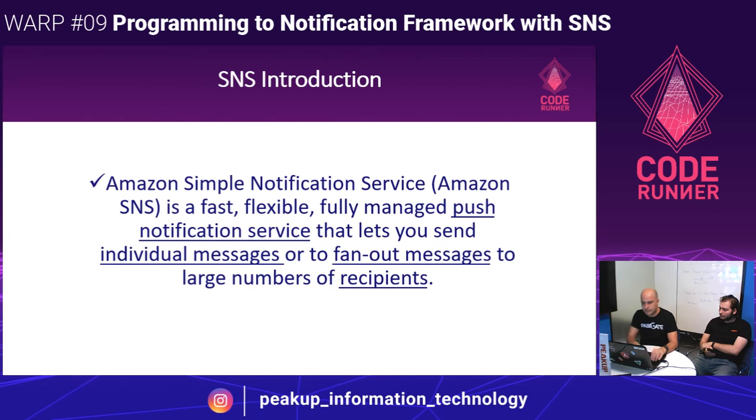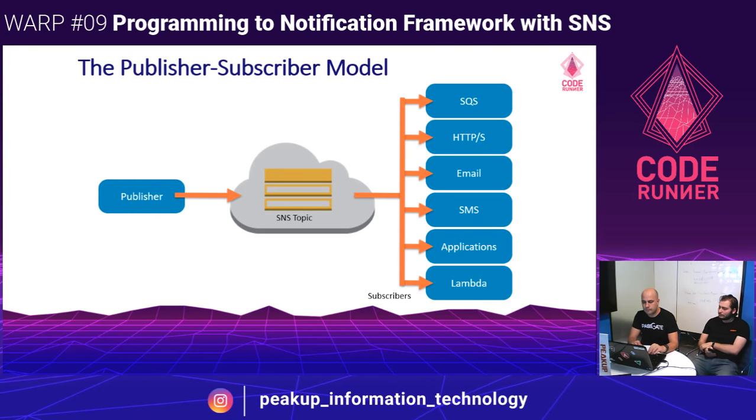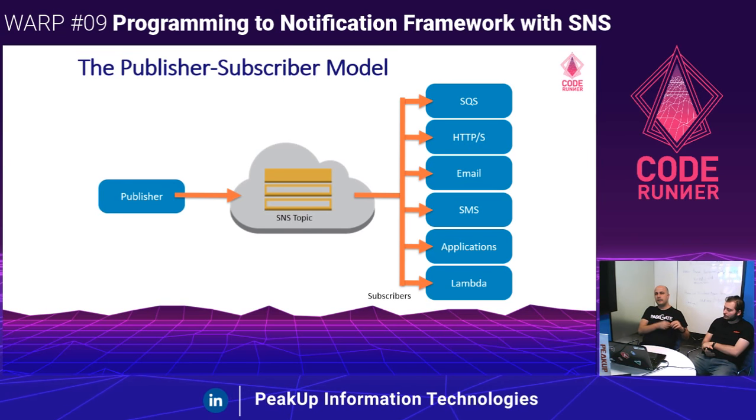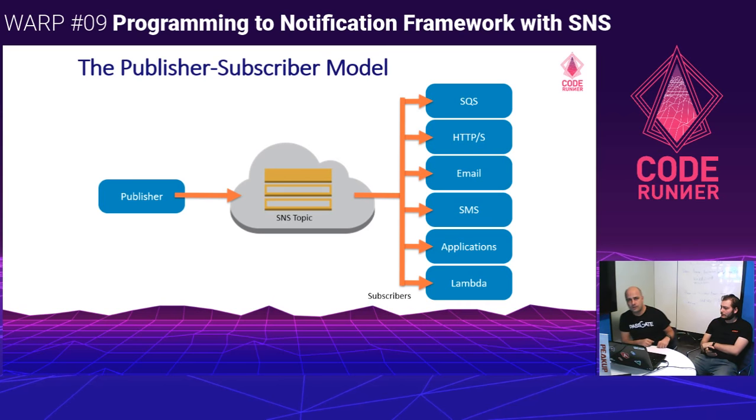So SNS, in short, Simple Notification Service, uses the publisher-subscriber model. What is the publisher-subscriber model? For this, we have to talk about topics. You have to create at least one topic to send messages.